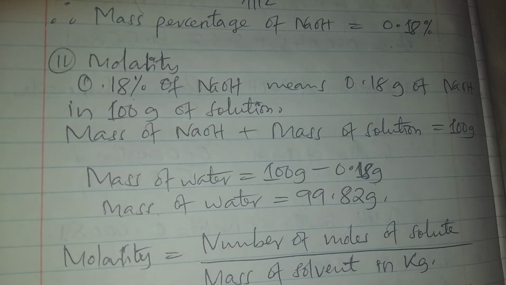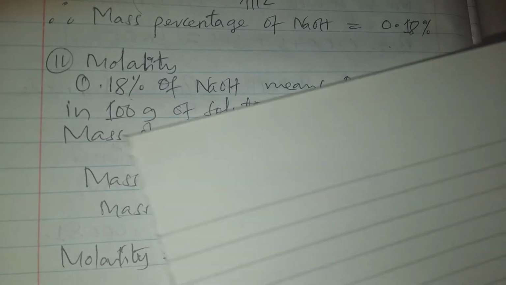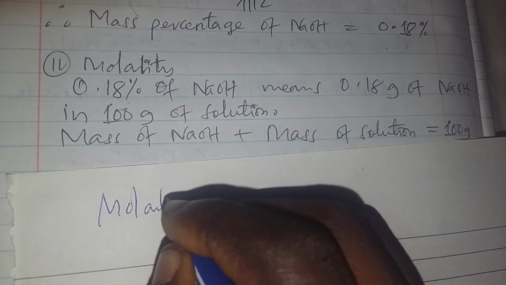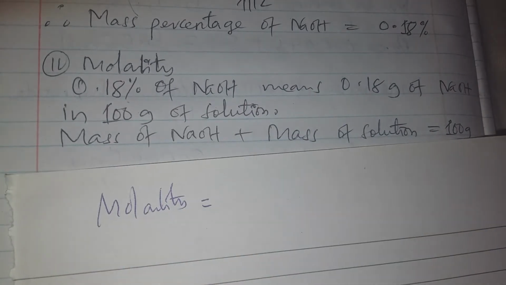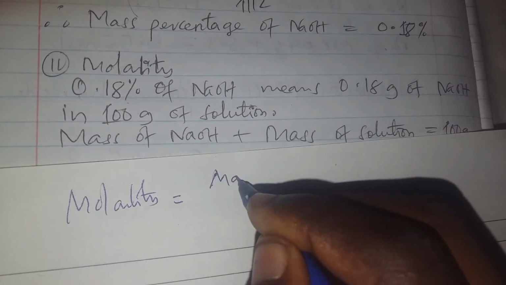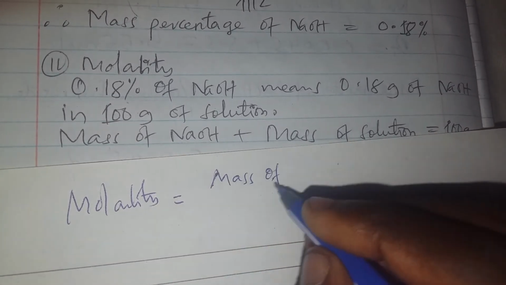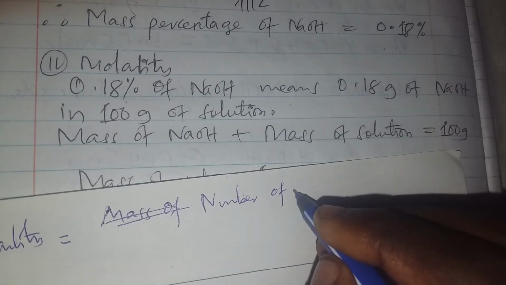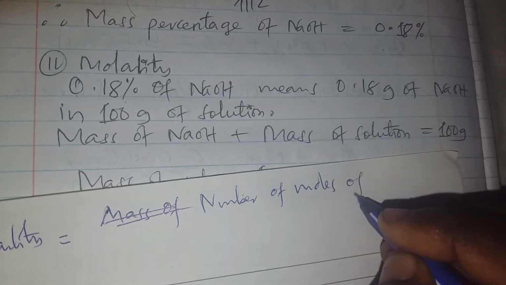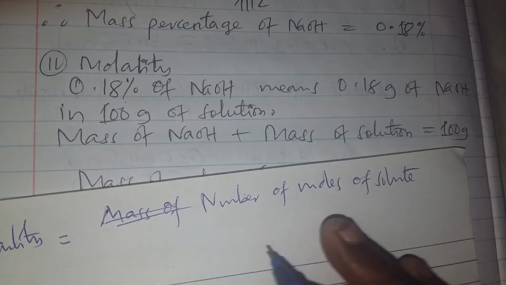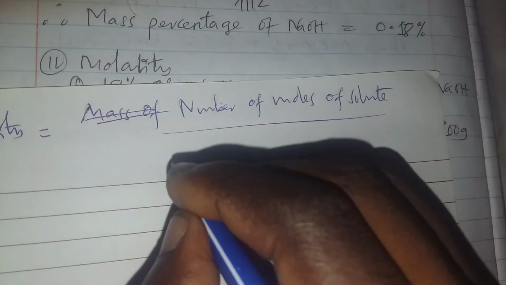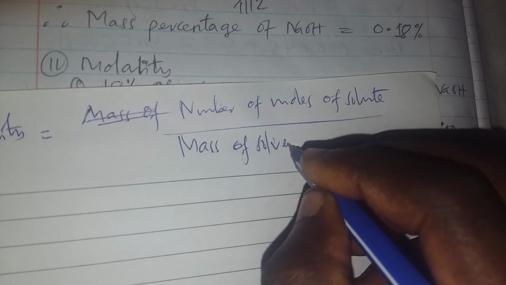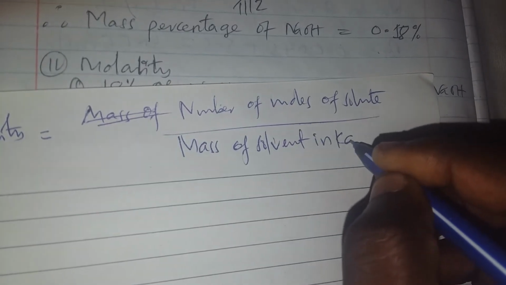From there we need to calculate molarity, which is very easy. Molarity is equal to number of moles of solute divided by what? Mass of solvent in kg.